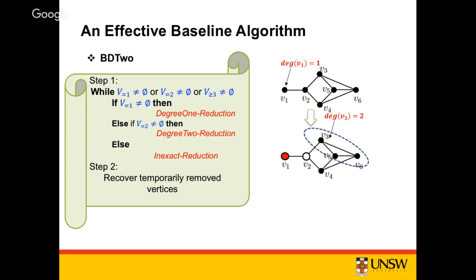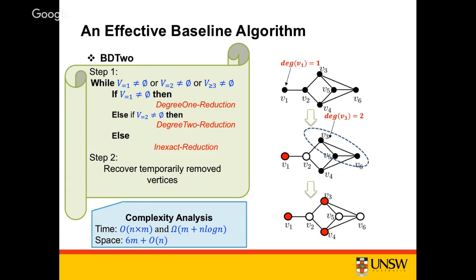We remove V6 from the graph. Now in the remaining graph, we have V3 and V4 of degree 2. So we apply the degree 2 reduction. We can remove V5 and V6 from the graph without affecting the independence number of the graph. So we obtain an independent set consisting of 3 vertices.